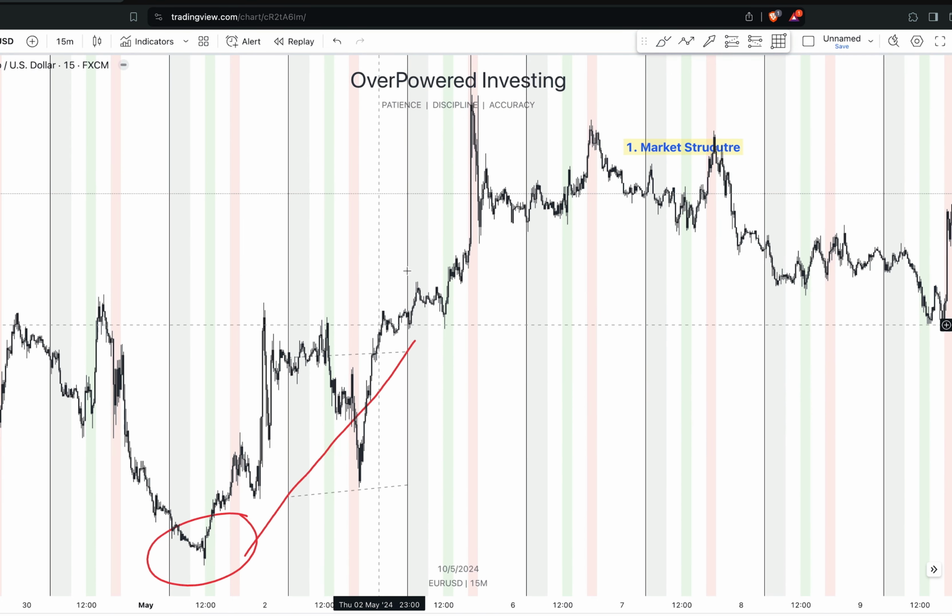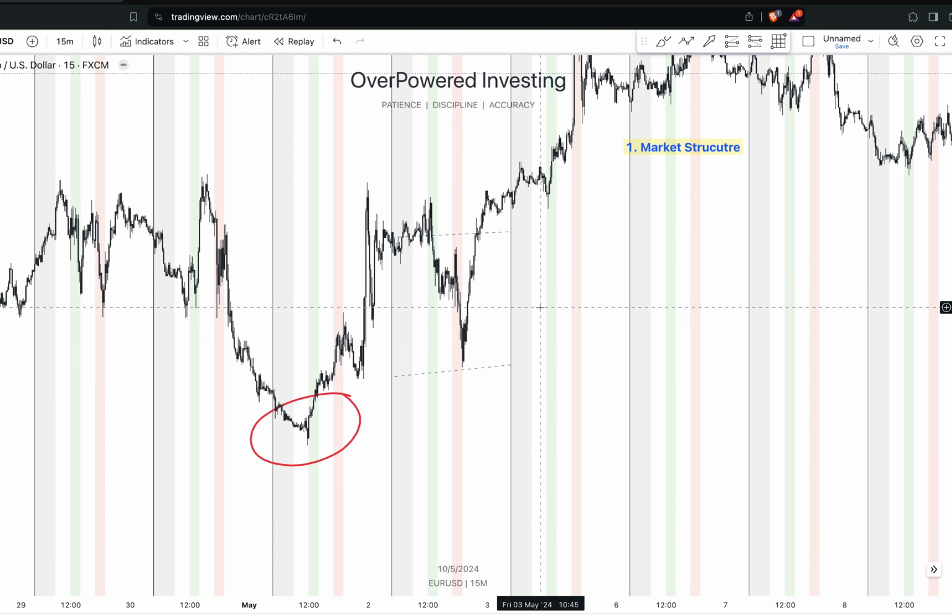So price went to the upside for some considerable amount of time. And that price action is exactly what's called the trend. And the trend can be identified. So we can read the trend by the market structure.